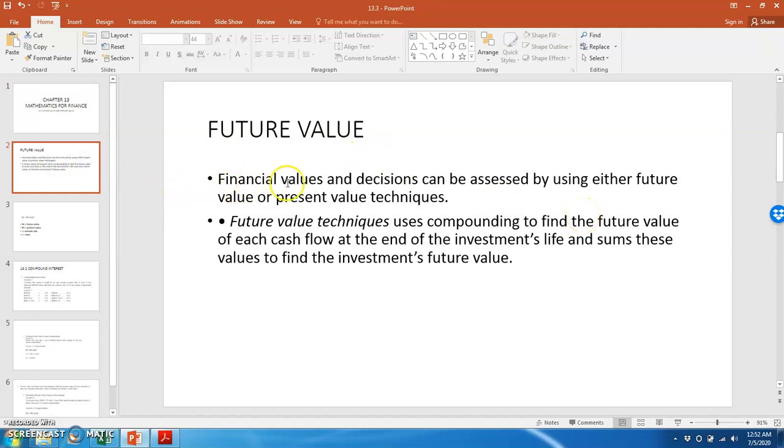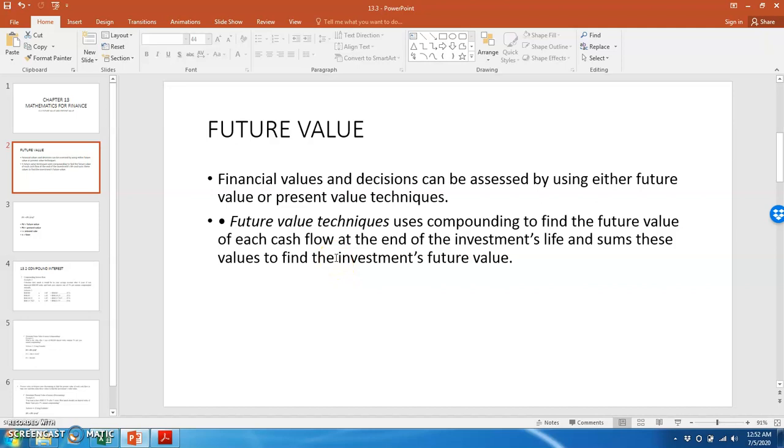Future financial values and decisions can be assessed by using either future value or present value. I don't want you to panic, but I want you to focus on the keywords. You can read this in a textbook. What they want to do is find the investment in the future.